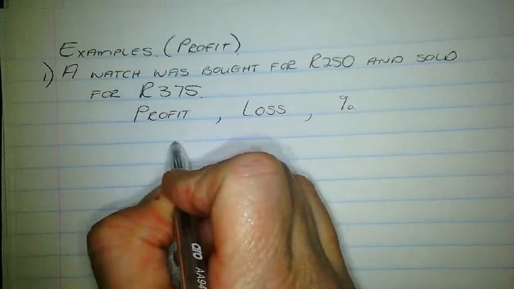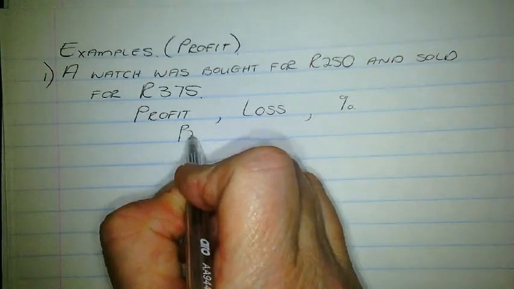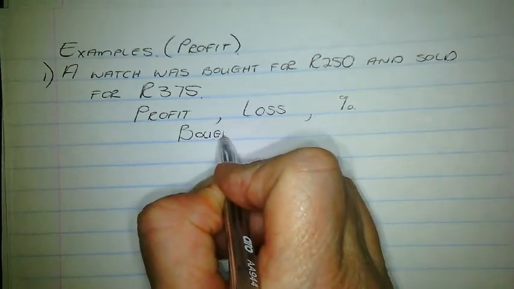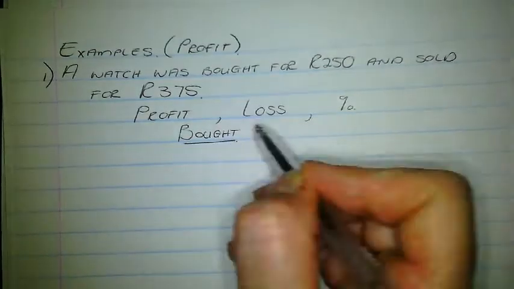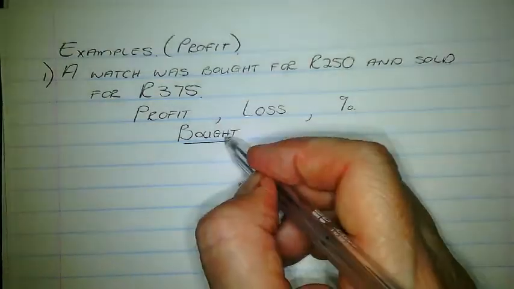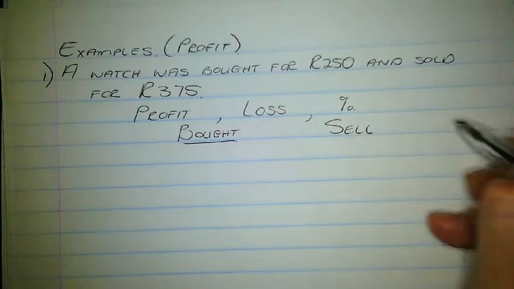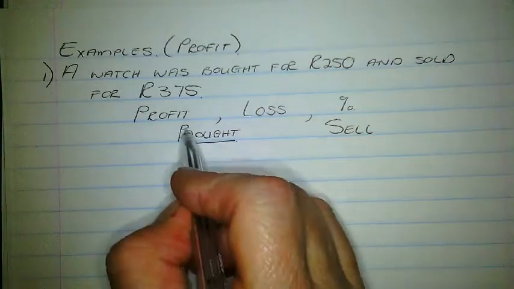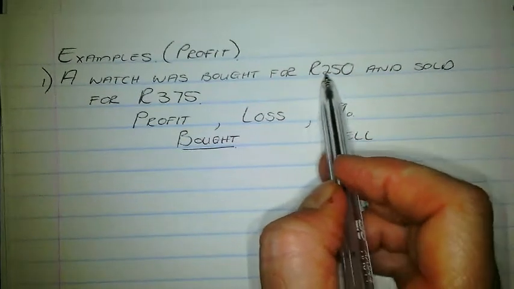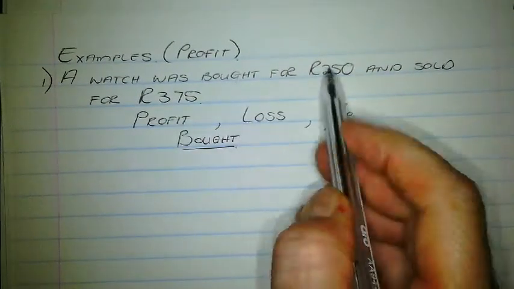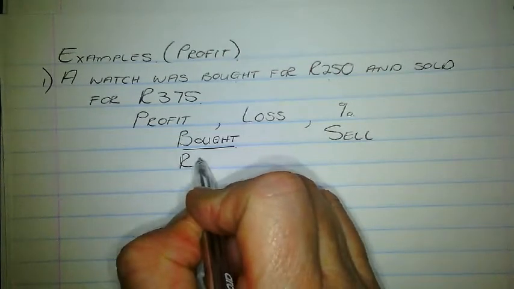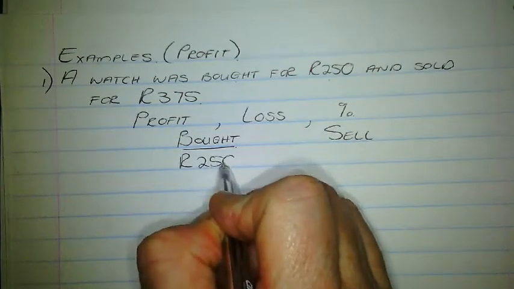So I'm just going to use the word bought, or in this case you're going to purchase, but it's easier for you to understand bought, and then what did you sell it for, or the selling price. So get the information from the sentence that says there you bought it for 250. That is the amount you are always going to start with.